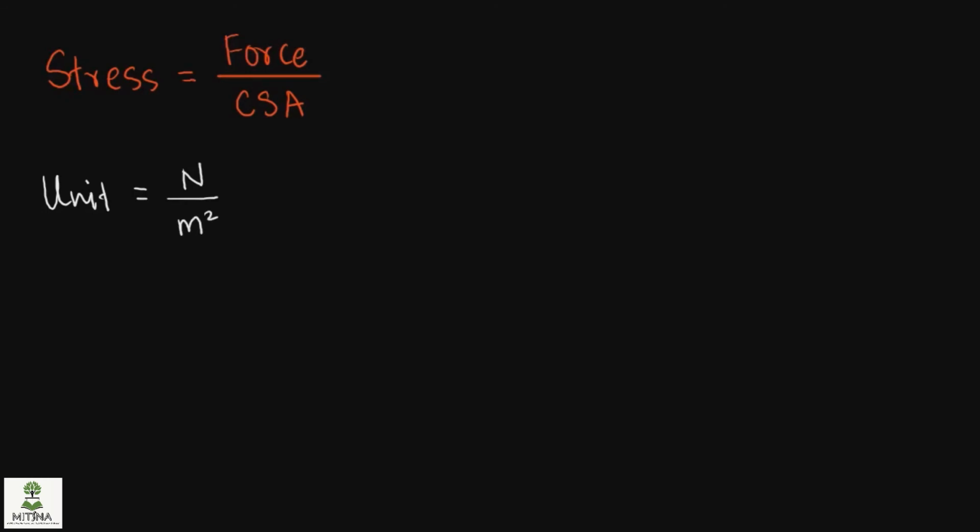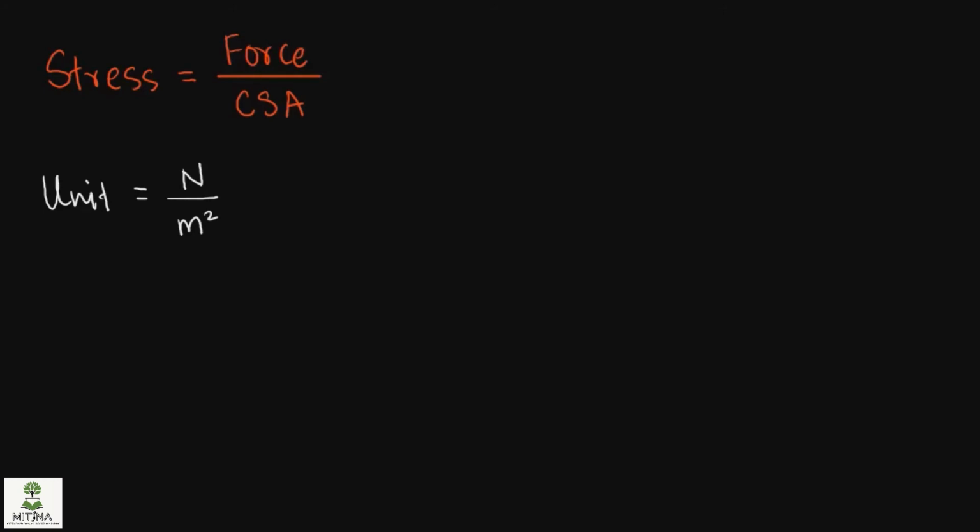We have seen stress is equal to force divided by cross-sectional area. Now we are concerned with the unit and dimension of stress. The unit will be equal to, the unit of force is Newton and the unit of area is meter square. So we have the unit to be equal to Newton per meter square for stress. This is the SI unit.